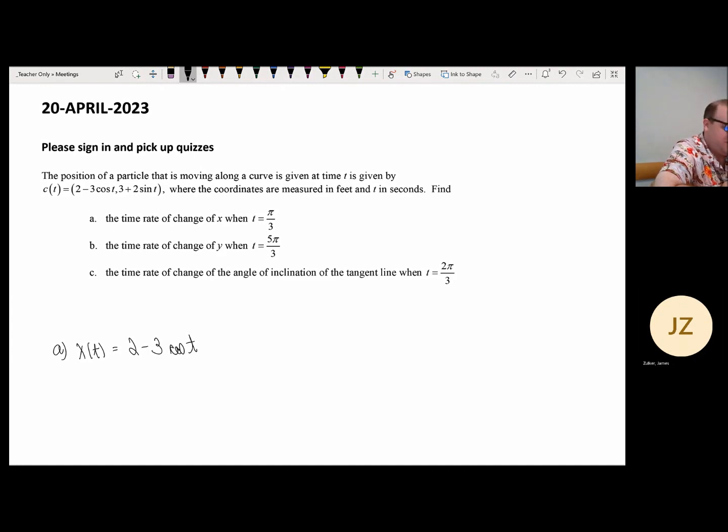All right, x of t is 2 minus 3 cosine of t. So x dot would be negative 3 sine t, right?